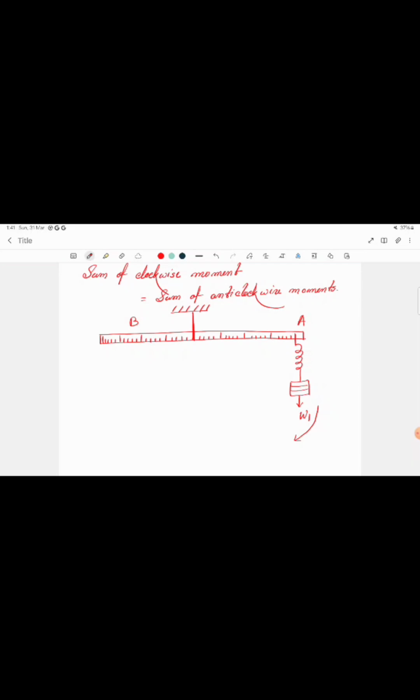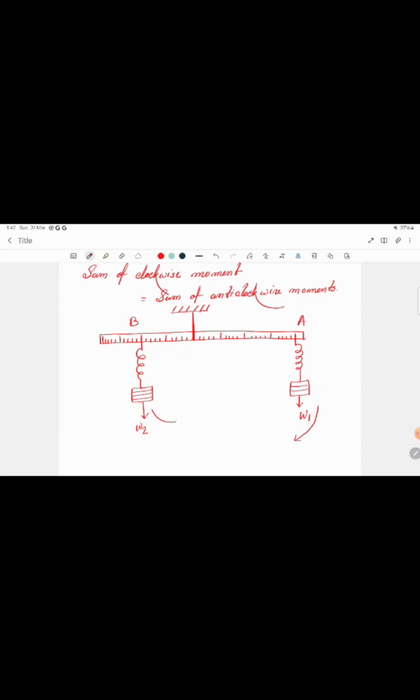Same way, suppose at position B we have another spring, and some amount of weight is there also. Suppose this one is known as W2.